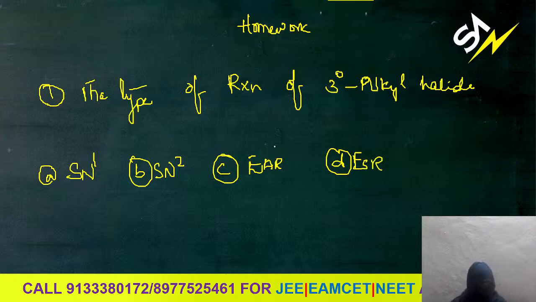The question is, the type of reaction of tertiary alkyl halide is SN1, SN2, ER or ESR.